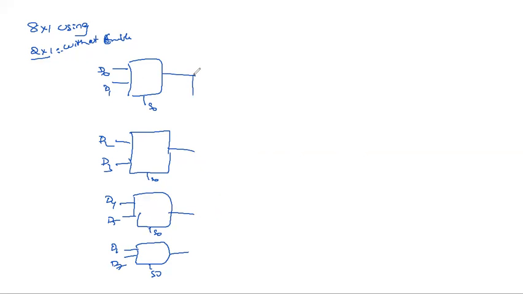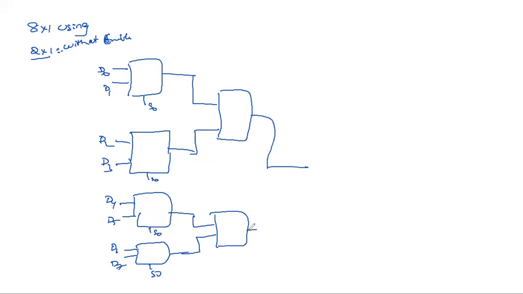So 4 outputs means these two are connected to one multiplexer. These two are connected to another multiplexer, and so on. For this, the selection line is S1, S1. This is S2. Okay.